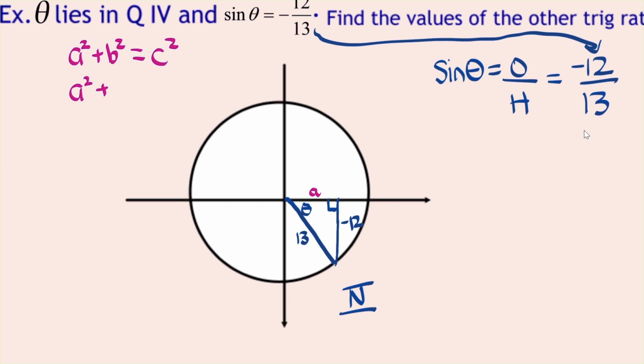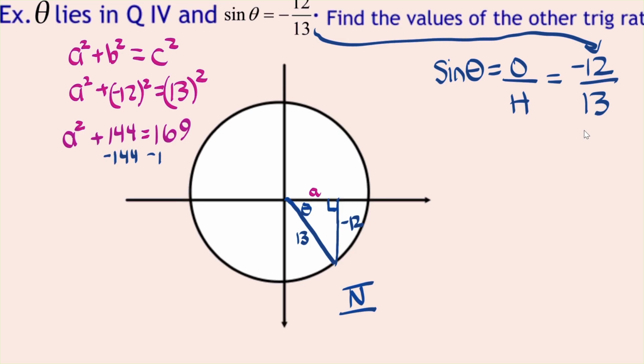B squared, -12 squared. C squared, C is the hypotenuse, which is 13. So I get A squared plus 144 equals 169. All that's left to do is subtracting the 144 from both sides and then taking the square root.